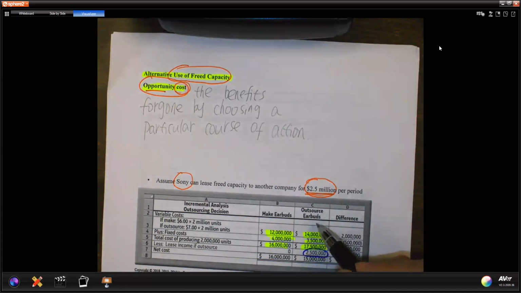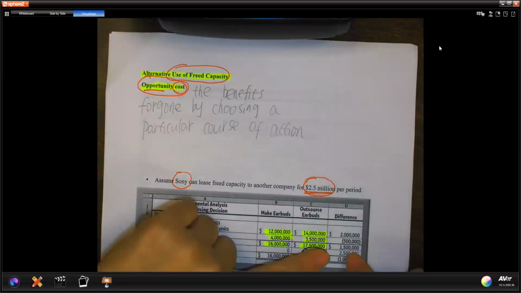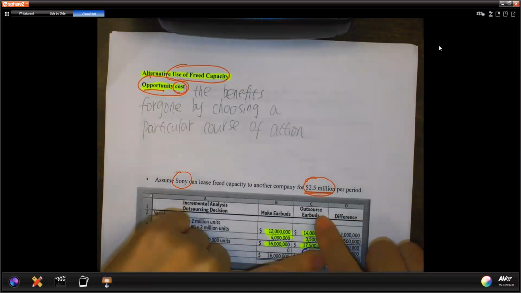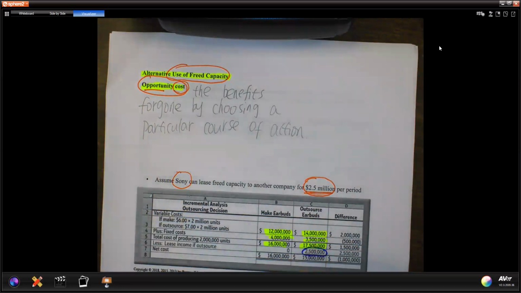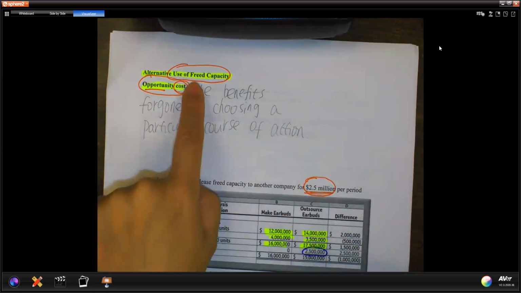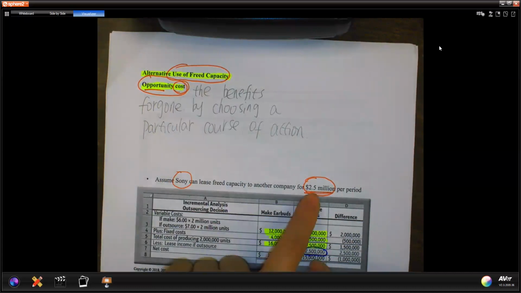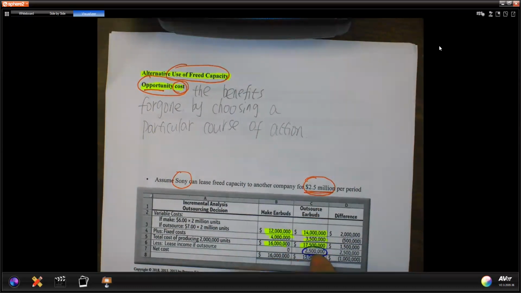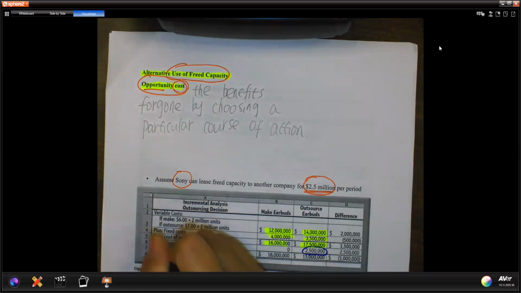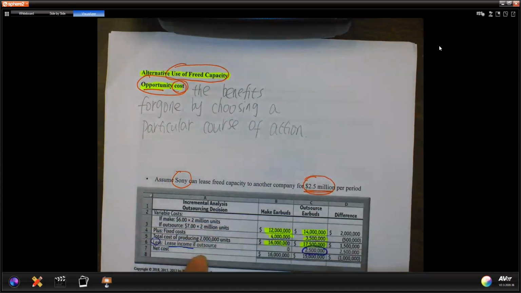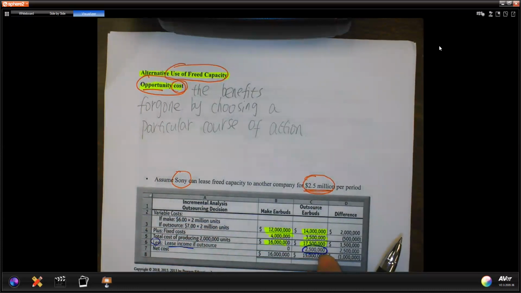So without the other use, your cost of buying is 17.5 million. But if you buy, you can use the freed capacity to do something else and you earn 2.5 million. So you have to subtract the lease income. You can lease this capacity out and earn 2.5 million, and this will offset your total cost.